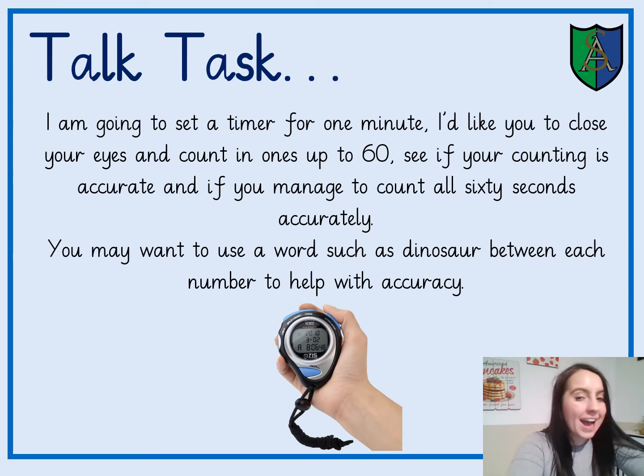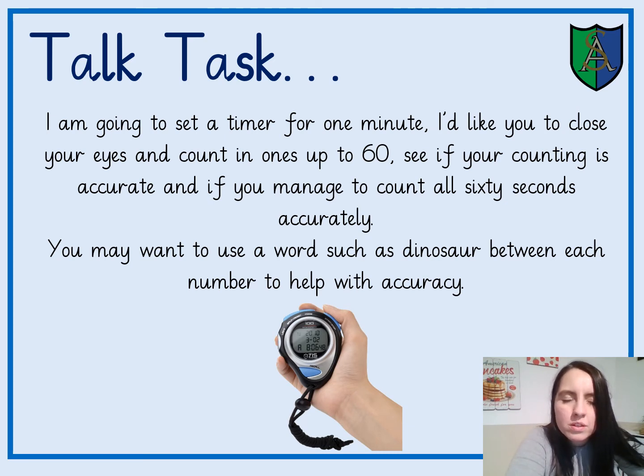Okay, I am now going to set you all a little timer. I'm just finding my timer. There we go. I'm going to set it for 1 minute. I would like you to close your eyes and count in ones up to 60.